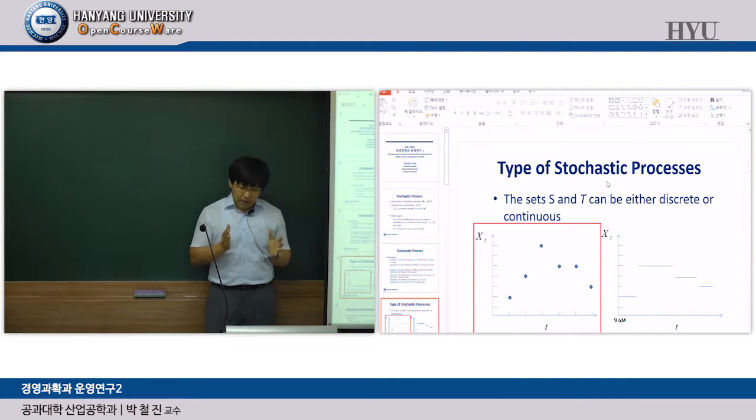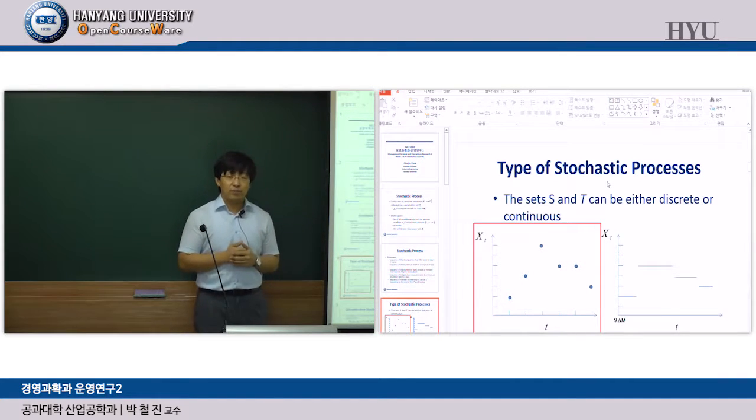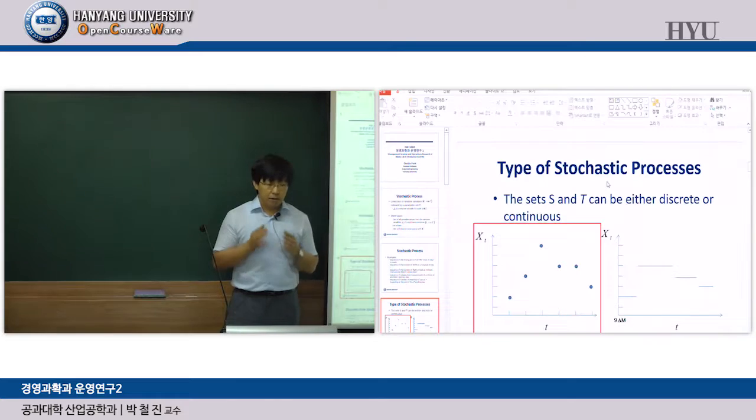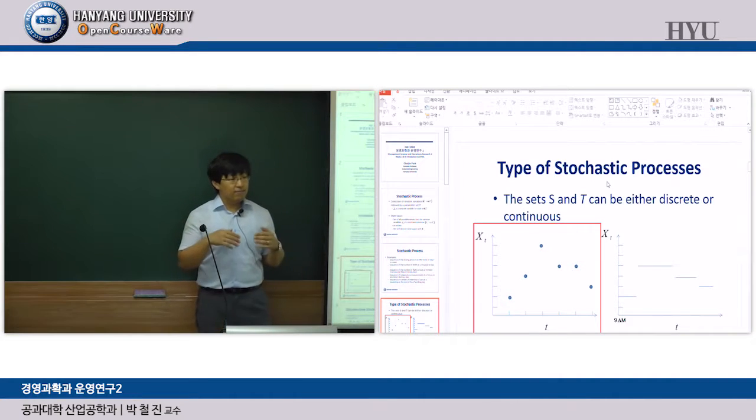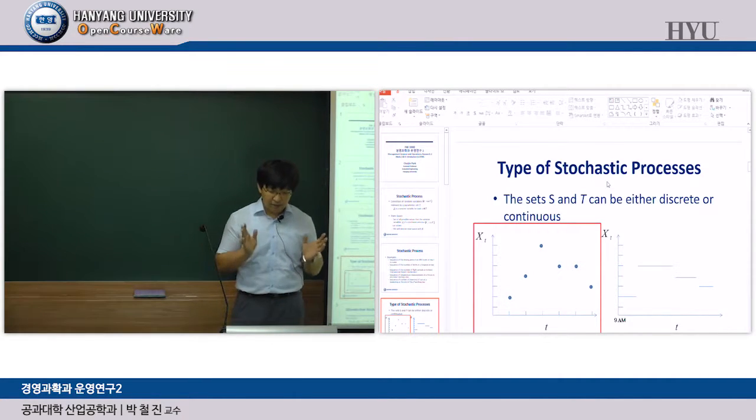Discrete time Markov chain is a representative example of the first case, a stochastic process defined on discretized time, where the state space includes discretized values.